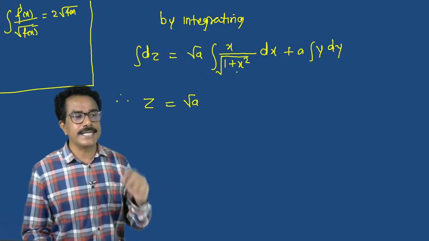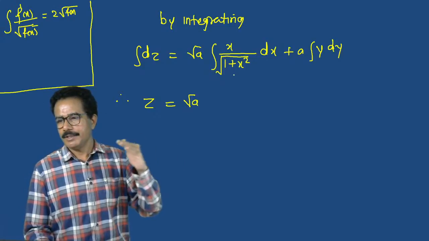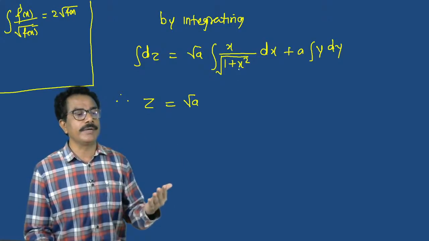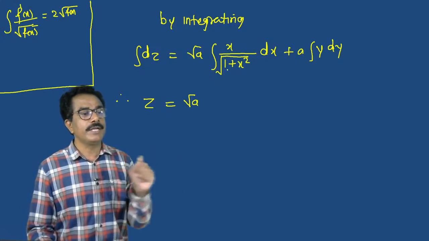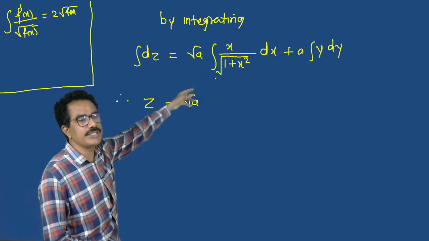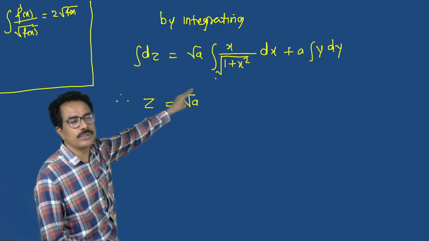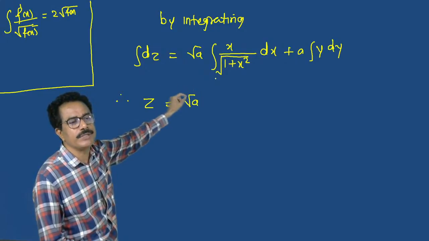So we have to adjust the derivative of the root term in the numerator. The derivative of 1 is 0, and the derivative of x square is 2x. That means in the root 1 plus x square, its derivative is 2x.